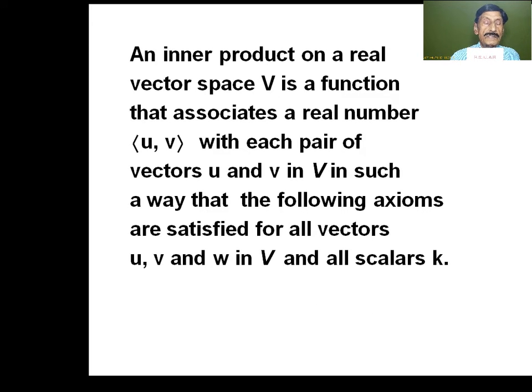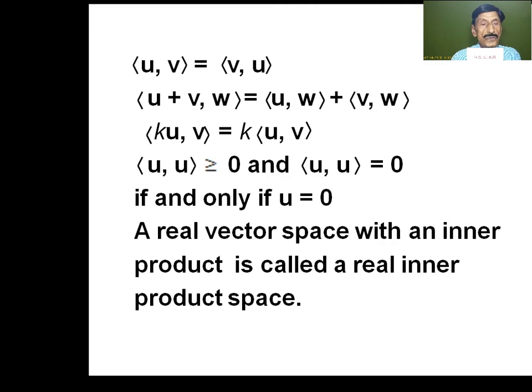An inner product on a real vector space V is a function that associates a real number <u, v>, that is within angle brackets, with each pair of vectors u and v in such a way that the following axioms are satisfied for all vectors u, v and w in V and all scalars k. <u, v> is equal to <v, u>, that is, the positions can be interchanged. <u plus v, w> is equal to <u, w> plus <v, w>. <ku, v> is equal to k<u, v>. <u, u> is greater than or equal to 0, and <u, u> is equal to 0 if and only if u is equal to 0.